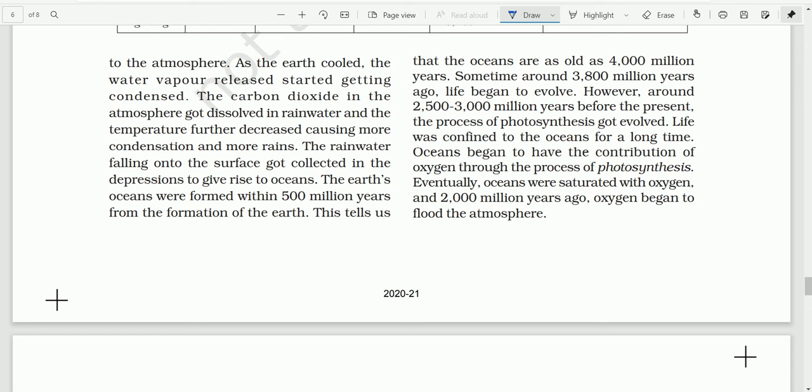Because of that, clouds form by the condensation process, and carbon dioxide in the atmosphere also got dissolved in the rainwater.